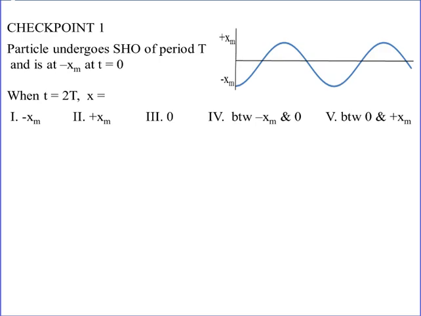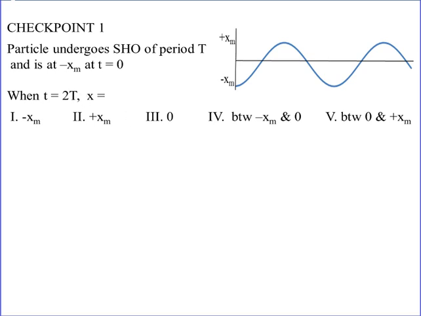Here's a checkpoint, and I'd like you to do it. It's not a big challenge. Please note that capital T stands for the period. It's at negative x max at time 0, so this does describe the positions at various times, this sinusoidal curve. When t is equal to 2T, not 0, but 2T, that is 2 periods later, what will x be equal to?